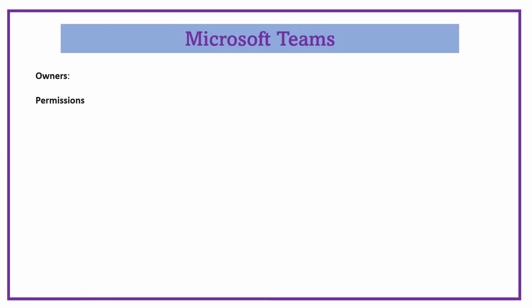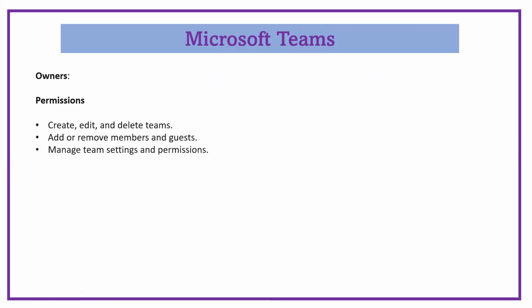So the owner role and permissions for the owners. In a team, the owner can create, edit and delete teams. Owner can add and remove members and guests from the team, manage team settings and permissions.